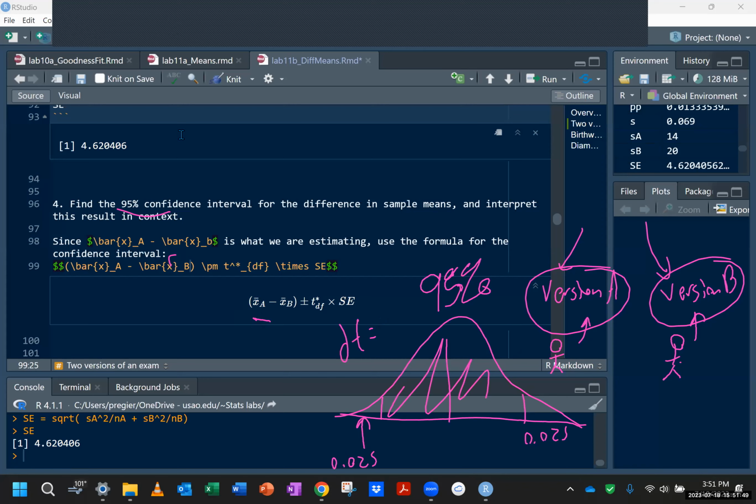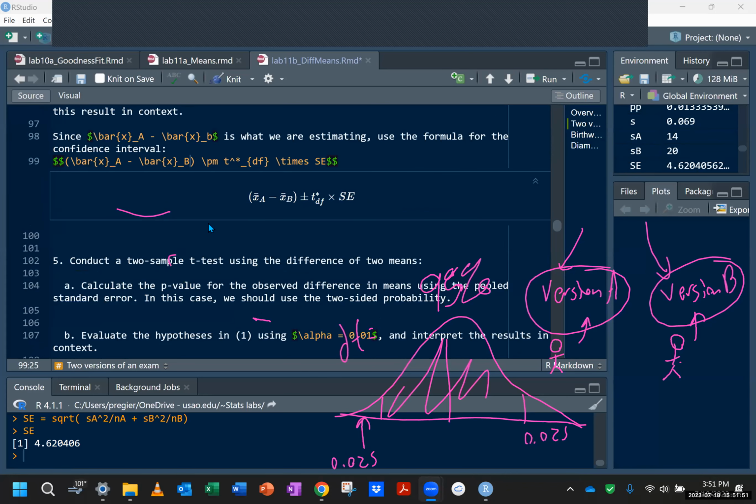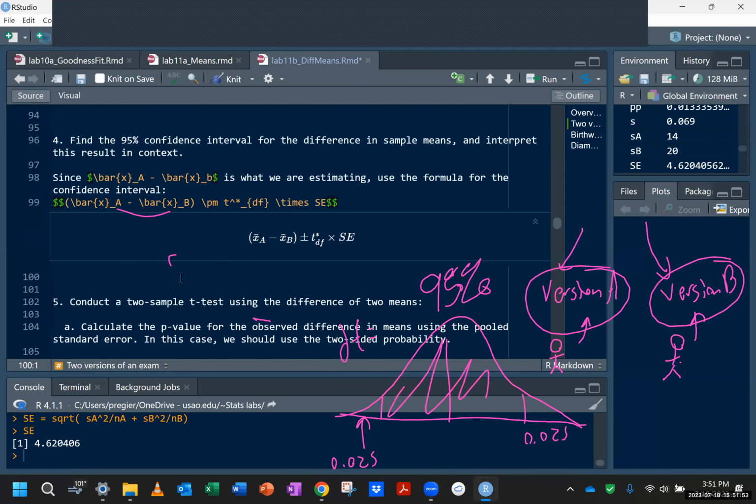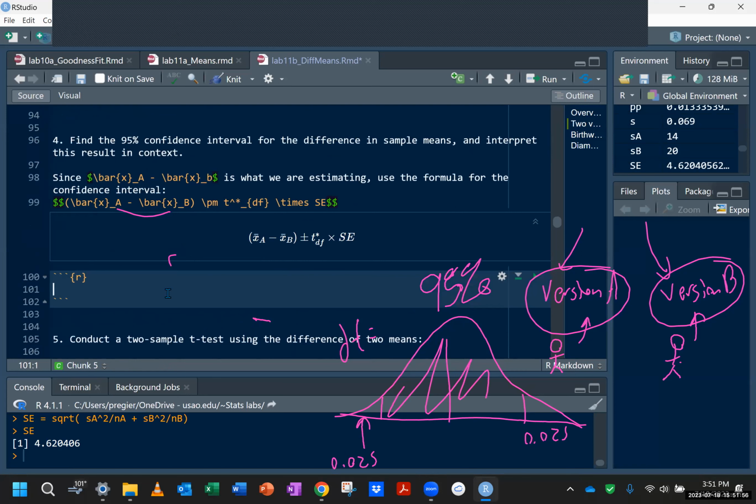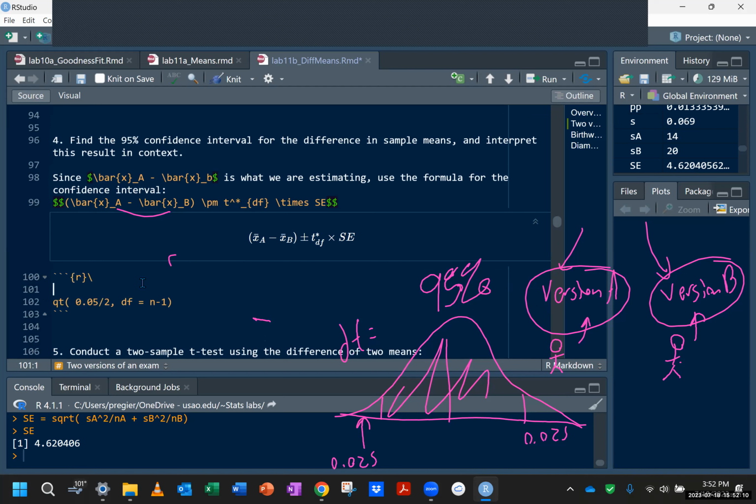So let's find our confidence interval. I'm going to say qt of 0.05 divided by 2 for the tail. And we have to use the degrees of freedom, the smaller of the two sample sizes minus 1. So n is going to be the smaller of the two sample sizes, which was 27.